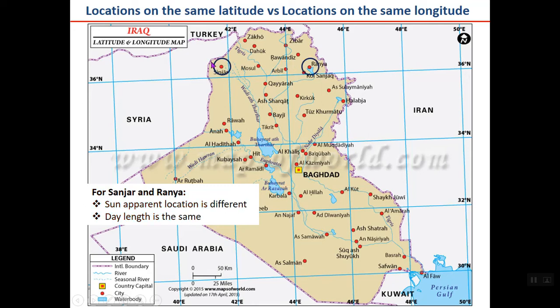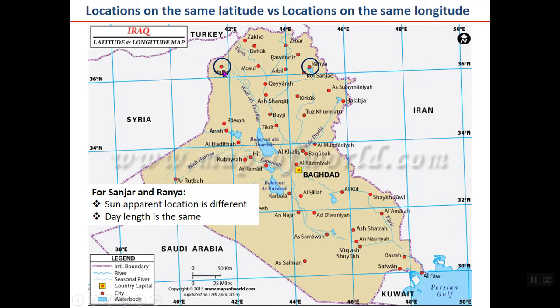Now come to this example. Two cities, Sanandaj and the other city here, have approximately the same latitude of 36, maybe somewhat more, but different longitudes. For locations with the same latitude and different longitudes, the sun apparent location is different.